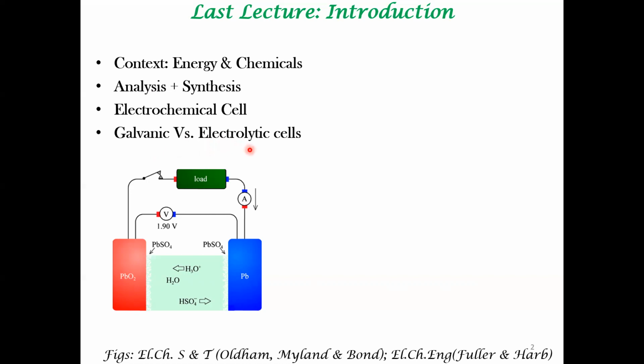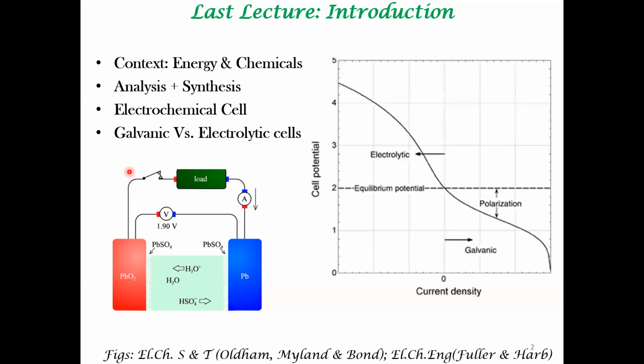When the battery is discharging, the potential which the battery provides is less than 2 volts, let's say ideally 1.59 volts. In this mode, the lead acid battery is acting as a galvanic cell. When the battery is discharged, it can also be charged by imposing an external potential. Under those conditions, it acts as an electrolytic cell.